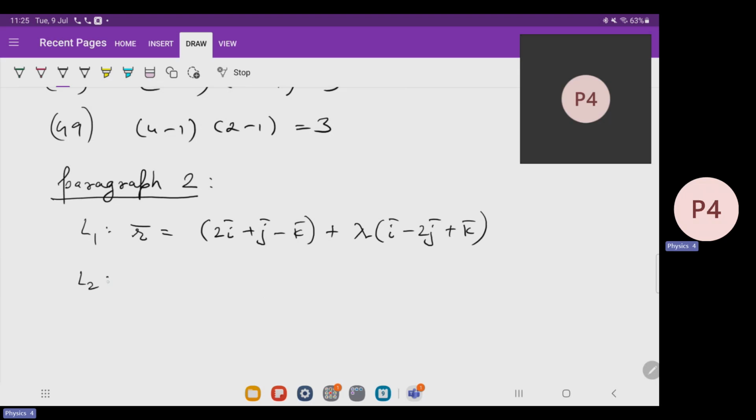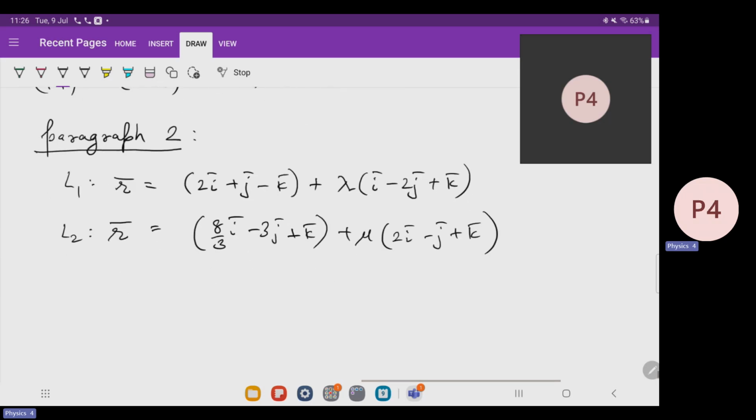L2 is given as r bar is equal to 8/3 i bar minus 3j bar plus k bar plus mu times (2i bar minus j bar plus k bar), where lambda and mu are real numbers, two lines in space. A line L from the origin meets the lines L1 and L2 at P and Q respectively.